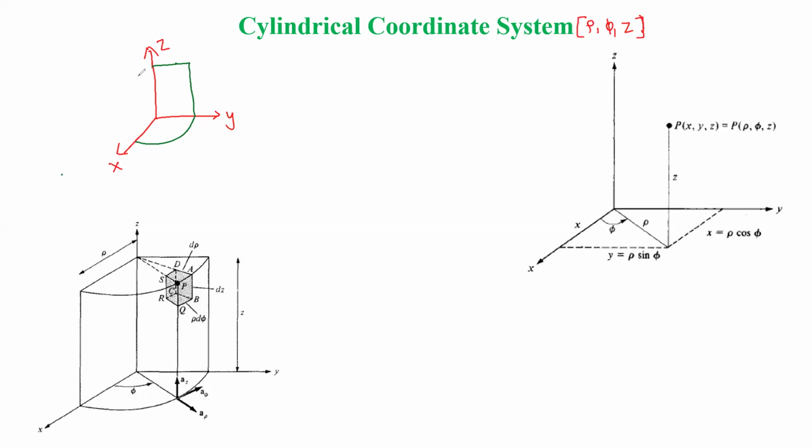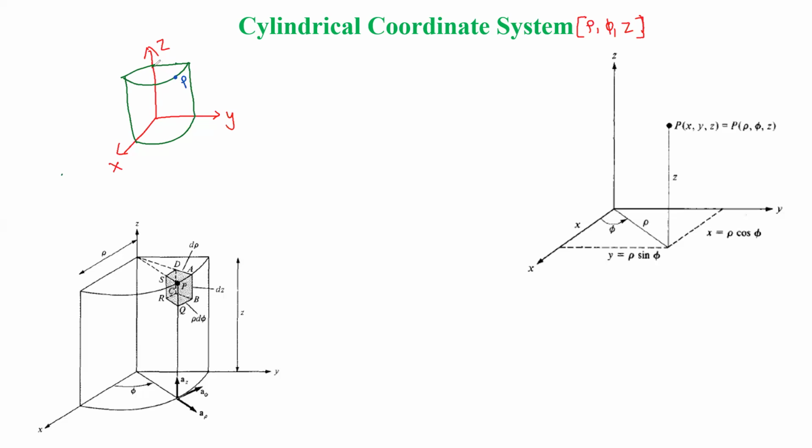Since it is a cylinder, it will have the same radius throughout. Now make a similar arc at the bottom. On this we take some point P.